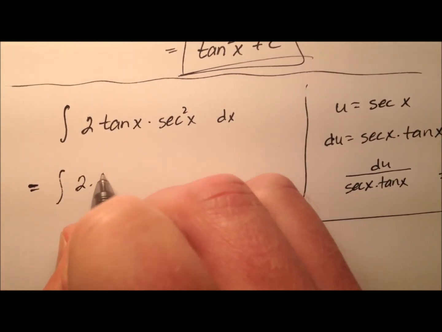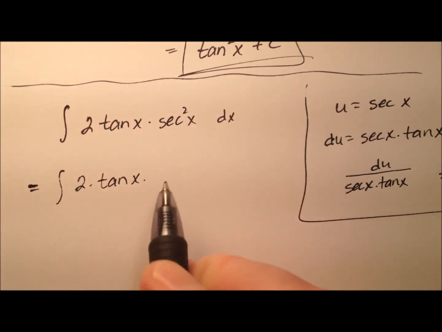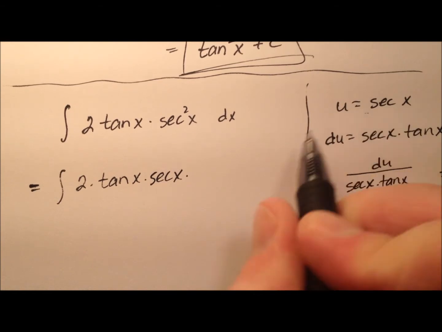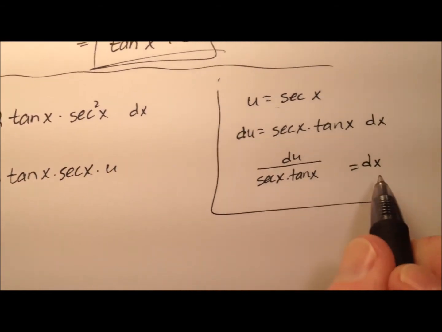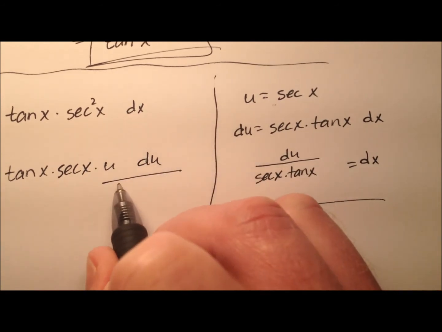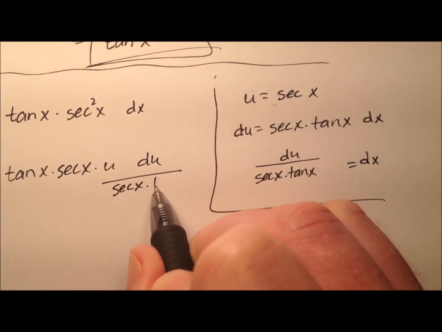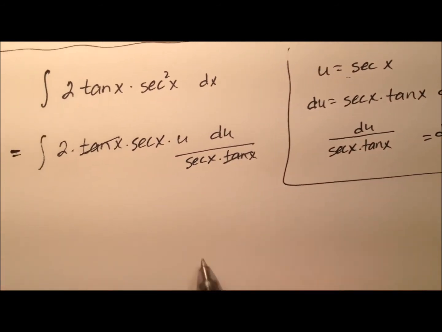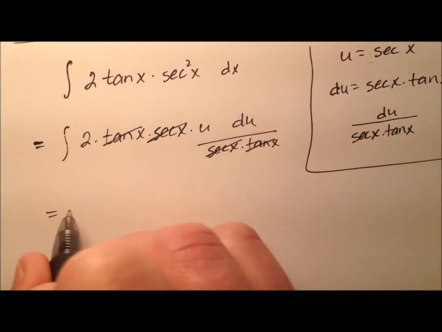So 2 times tangent x, I'm going to break this secant squared up into a secant x times u. And then my dx was actually du over secant x tangent x, which tangent x's cancel, secant x's cancel.